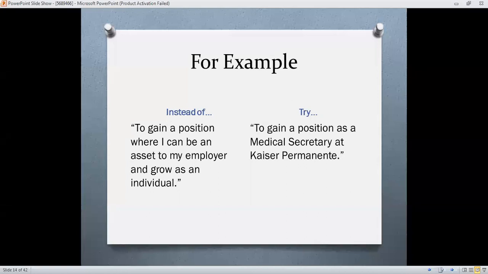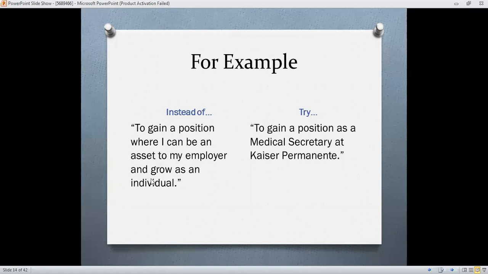Okay, so here it includes both things: getting a position where I can be an asset for the employer and grow my individual position.